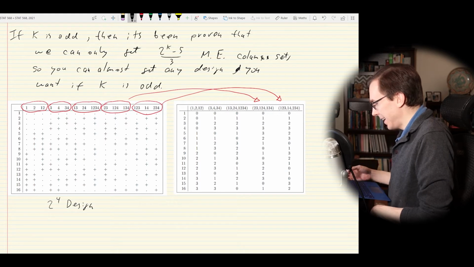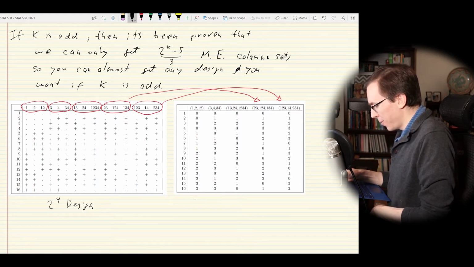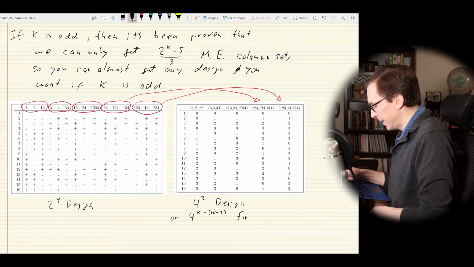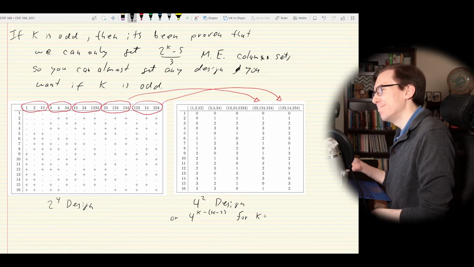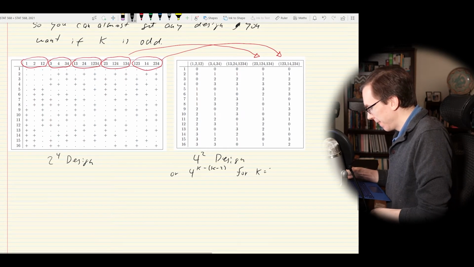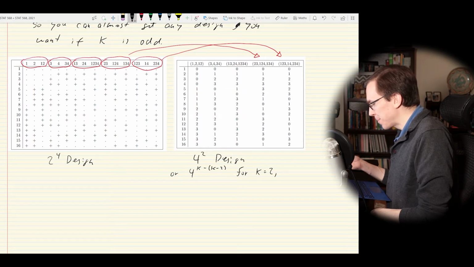And on the right-hand side, I guess, is a 4 to the 2 design, or a 4 to the, we'll say, k minus k minus 2 for k from 2 through, the highest I can go up to is 5. So I'll just write it out: 3, 4, and 5.